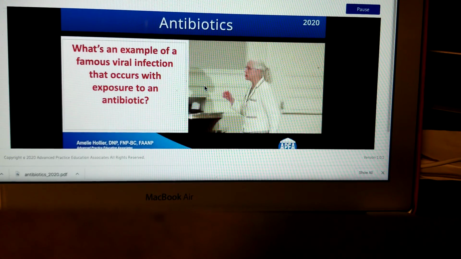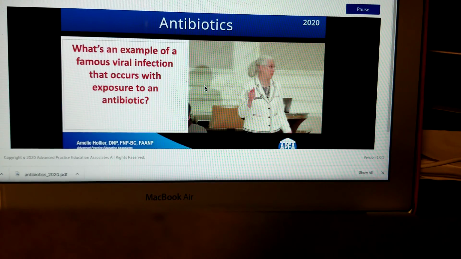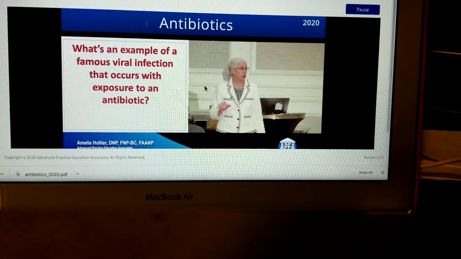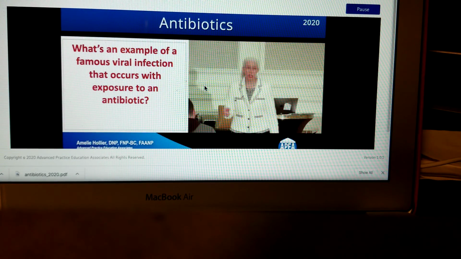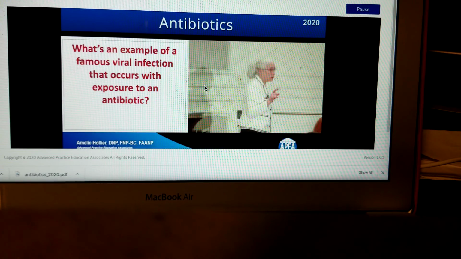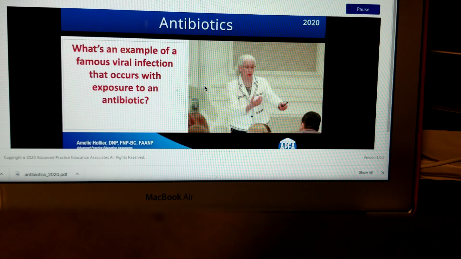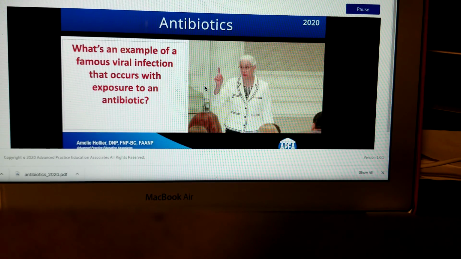I'll bet you that in this room we have a lot of people who, when you were a little kid, you got tagged with a penicillin allergy because somebody gave you amoxicillin and strep was not what you had. You had a viral infection. We gave you an antibiotic, you had a morbilliform rash, not hives. Common in kids.